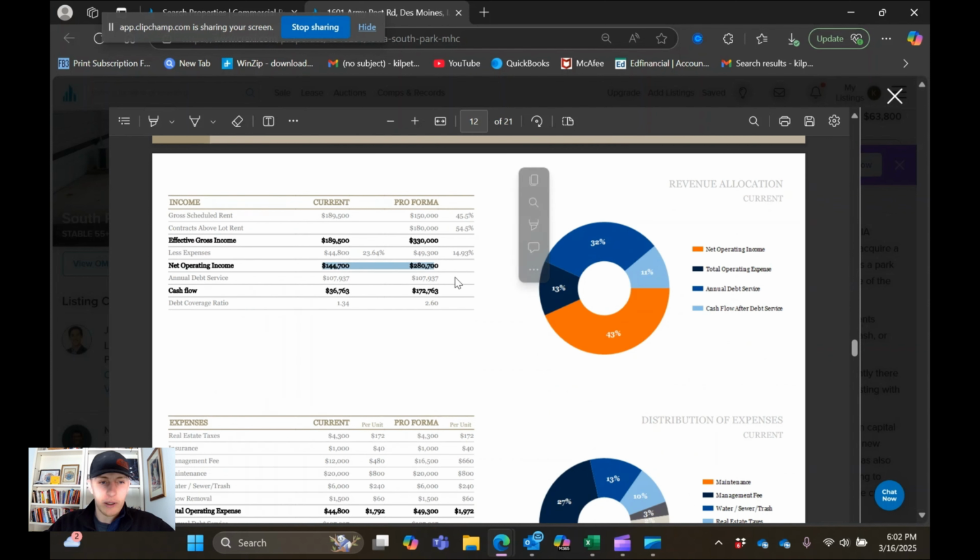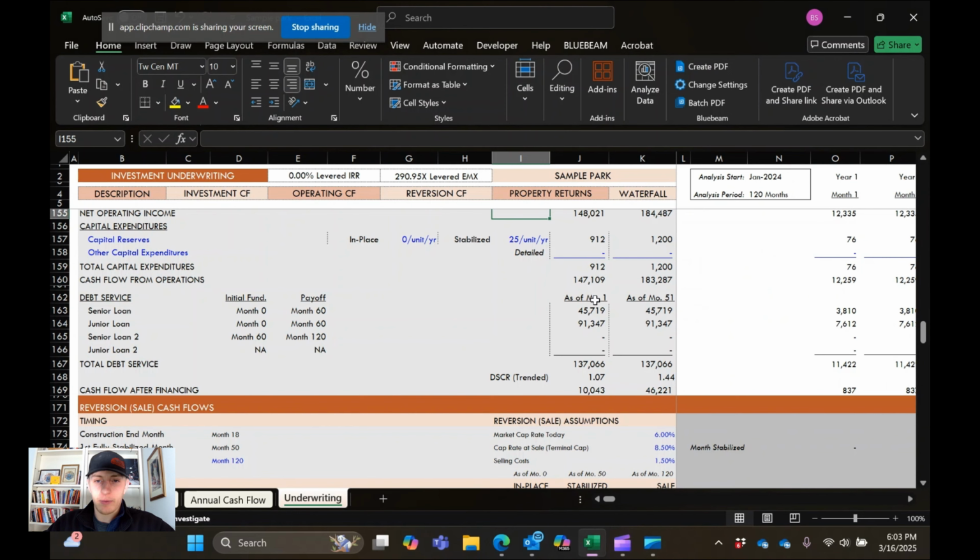I think 280 might be contracts above lot rent. Oh, probably rent to own. Yeah, I wouldn't factor in that. That's kind of cheating a little bit, but definitely the 144 number.